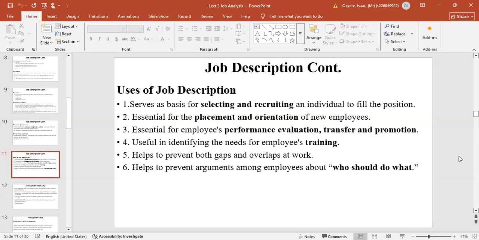So we go and train employees, then they know where they are supposed to work. So these are some of the uses of job descriptions. Are you with me?